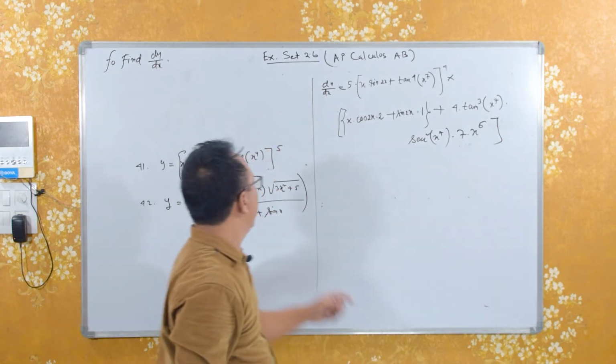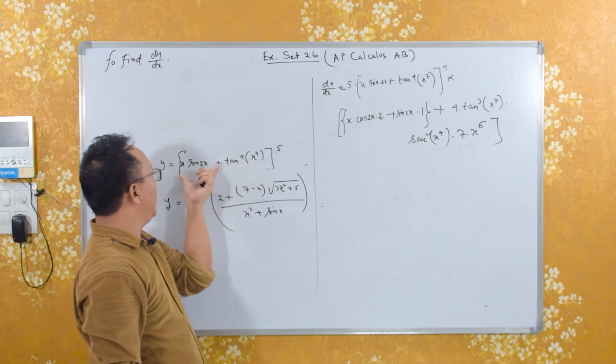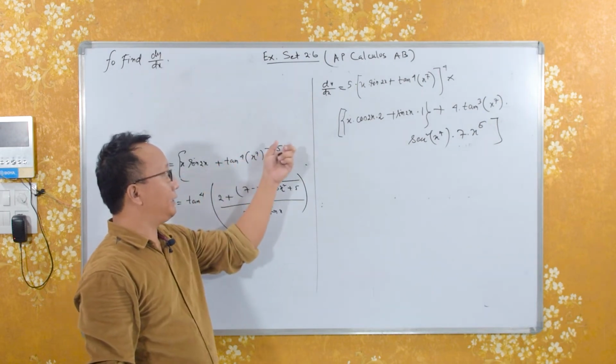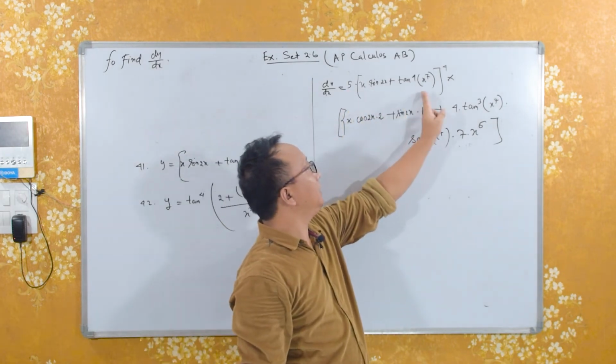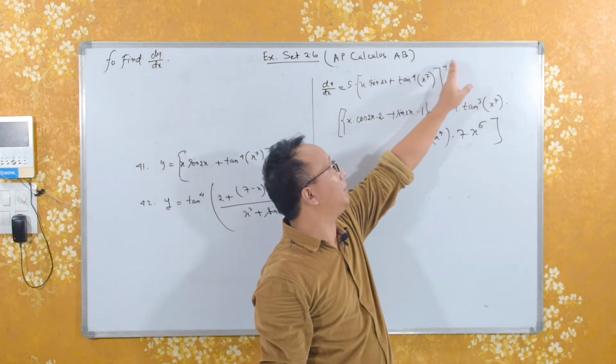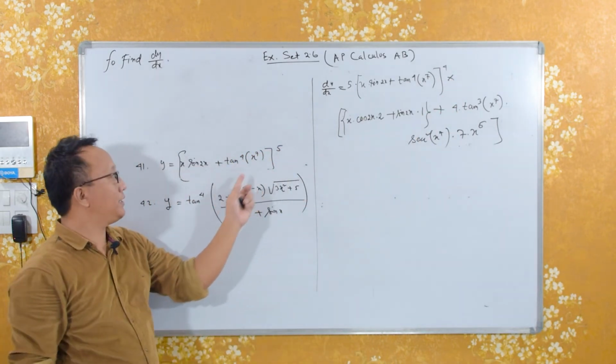Let me repeat again. Something raised to n is n into something raised to n minus 1, so 5 minus 1 is 4. Again, this we have to differentiate with respect to x.